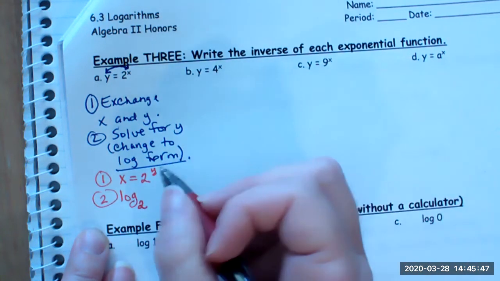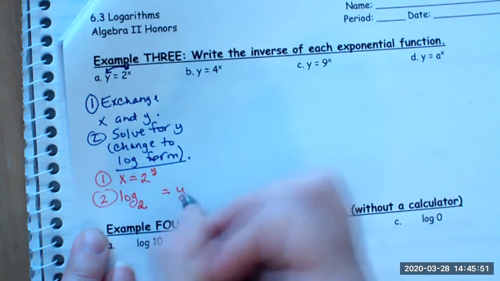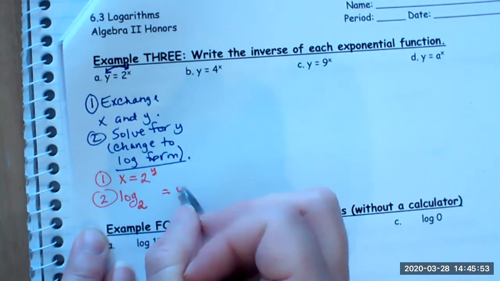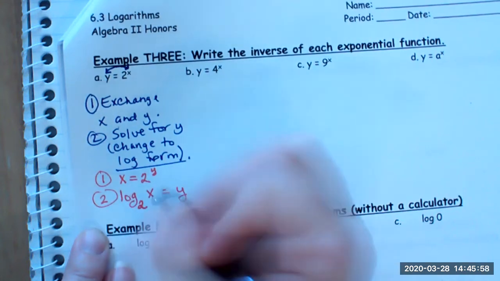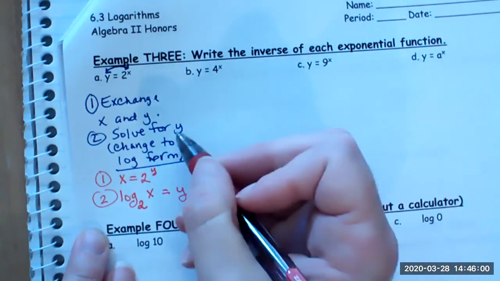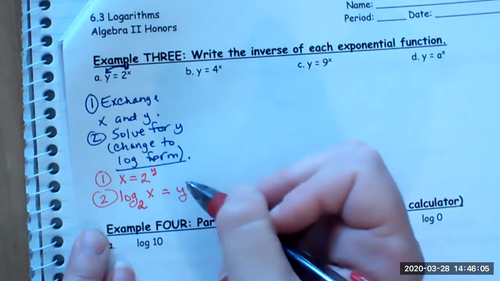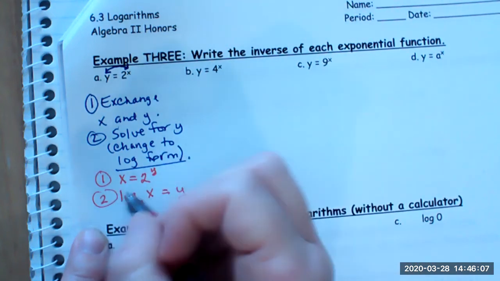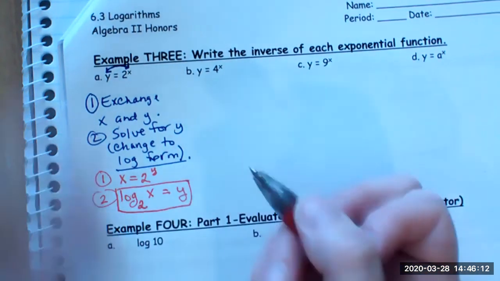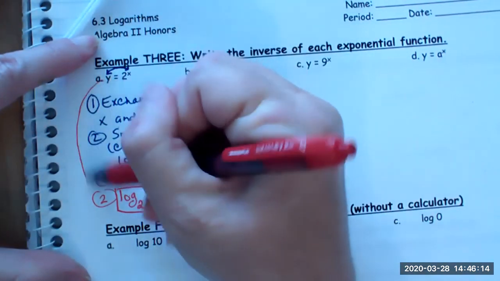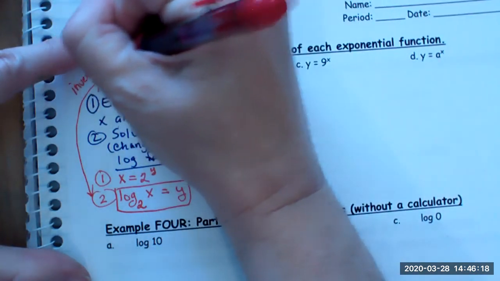And the exponent is equal to y. Remember, the log equals the exponent. The number that we haven't used yet is the x. And so solving for y is just a matter of changing from exponential to logarithmic form. And this is the inverse of the original equation. So these two equations are inverses of one another.